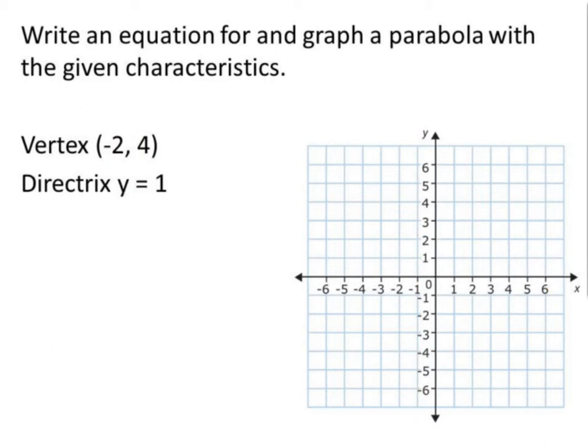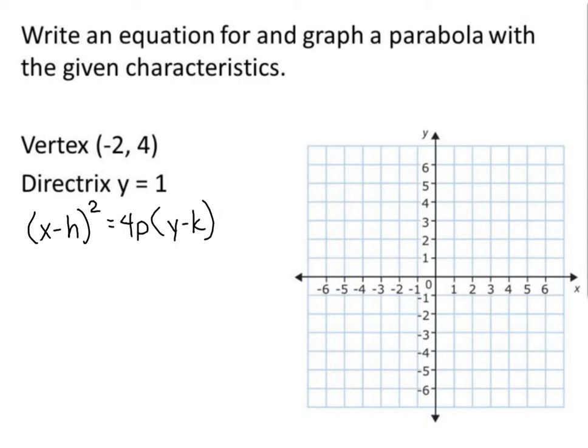In this case, they give us our focus and our directrix. Since our directrix is y equals, then we know that our equation is going to be in the form of (x - h)^2. So you'll look to see what information they give you and see which one of the standard forms it matches.